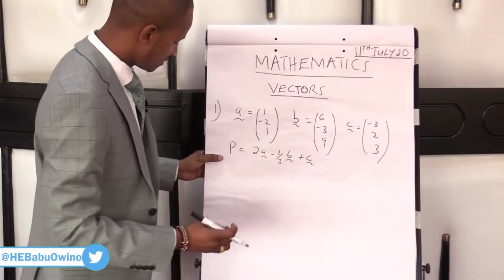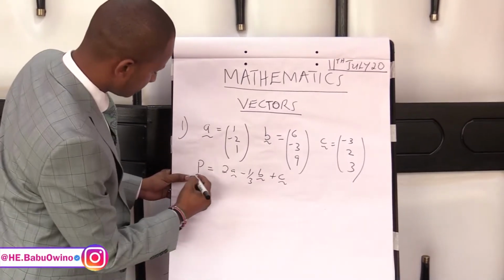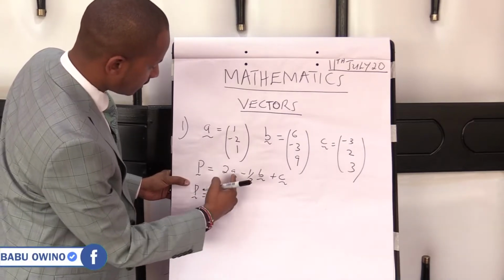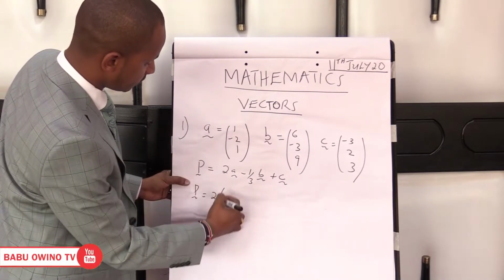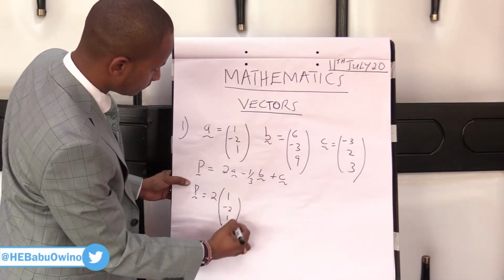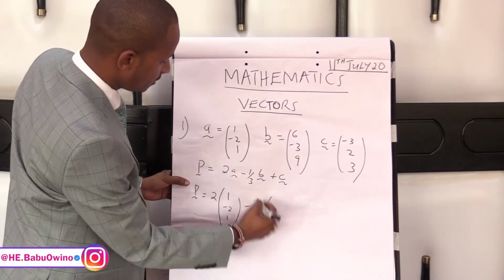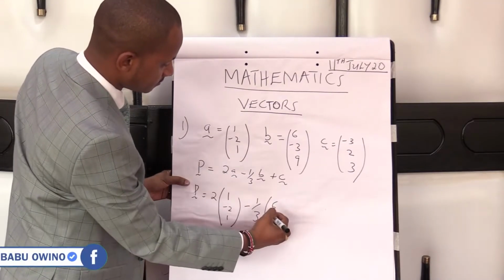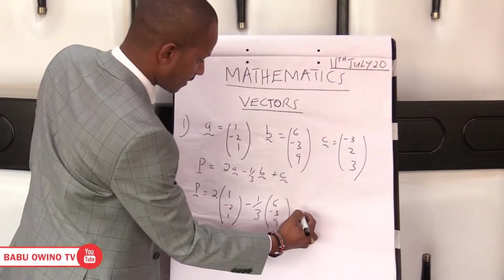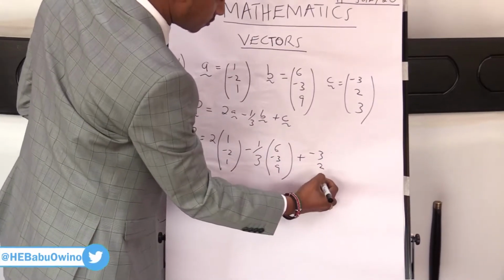Class, when you're given such a question, just the way it is, just write P equals 2. Then A, what is our A? Just replace where there is A with 1, minus 2, 1, as it is here, minus a third B. What is our B? 6, minus 3, 9. Then plus C, what is our C? Minus 3, 2, 3.